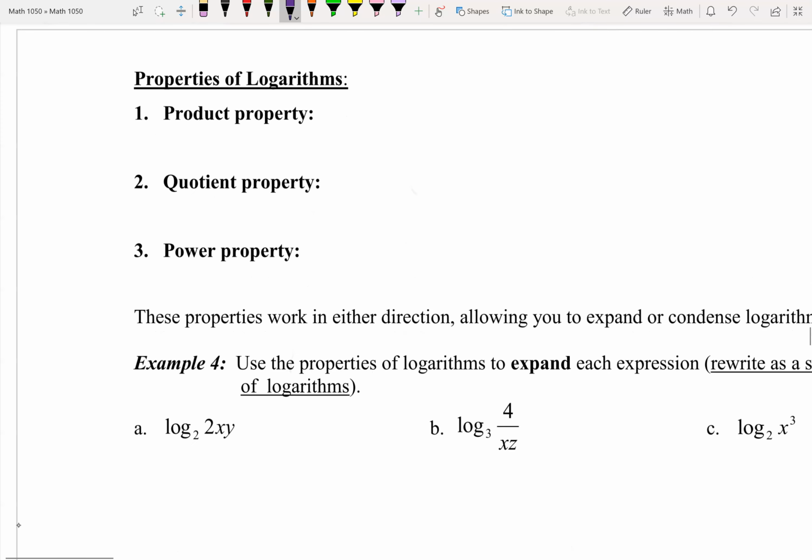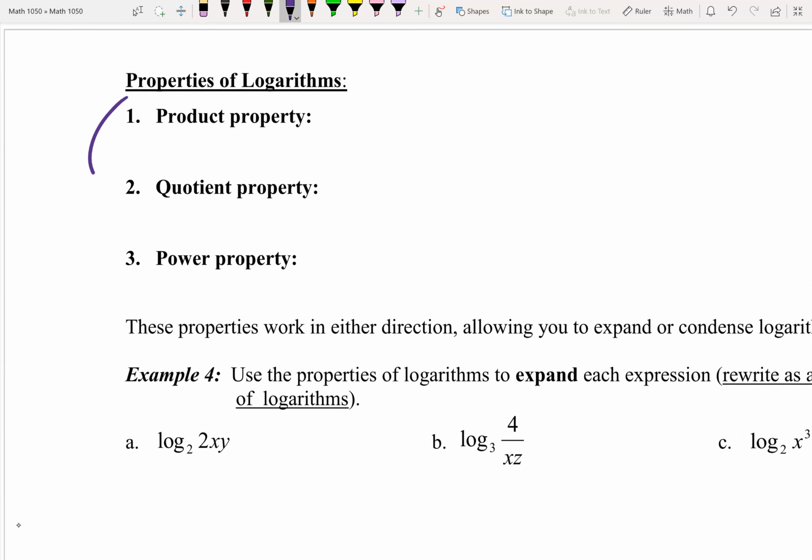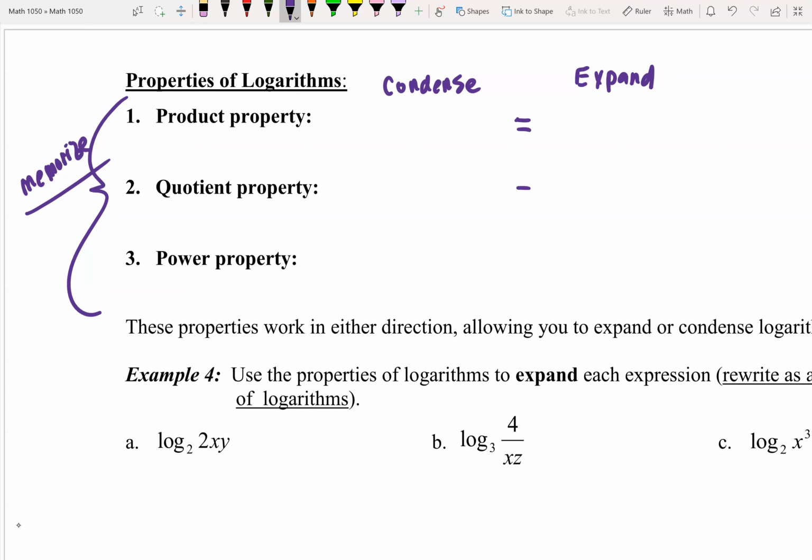Okay, more rules. Hook them together, and tell yourself that I have to memorize these. On the left, put condense. On the right, put expand. And then put an equal sign in between those for all of those.